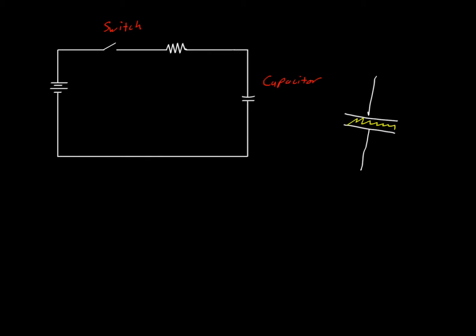What happens is when this switch shuts, you'll have current flowing from the battery to the capacitor. And that charge, those holes are going to build up on this plate surface here. So whenever those charges build up, that's actually going to store energy. It's like a short-term battery almost.